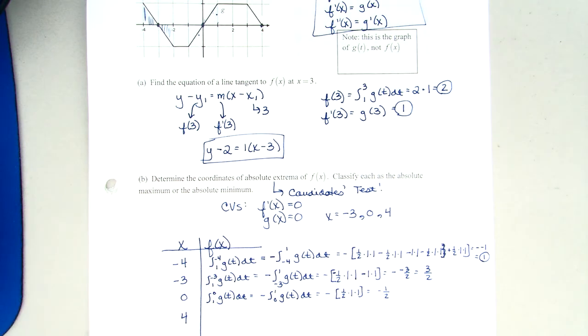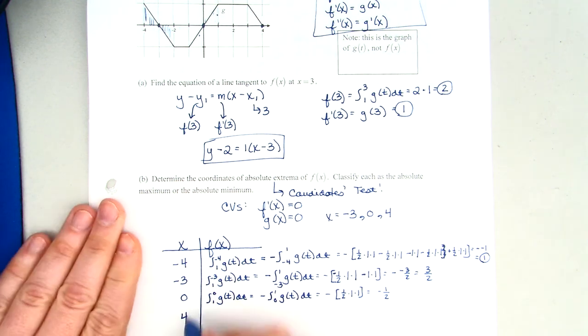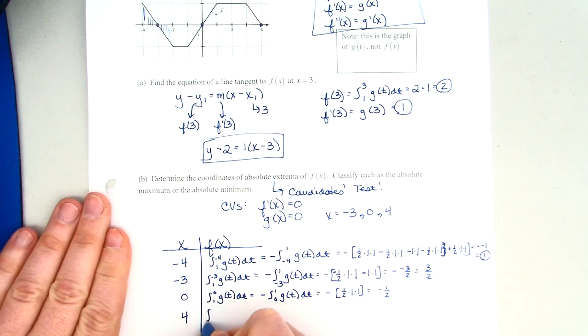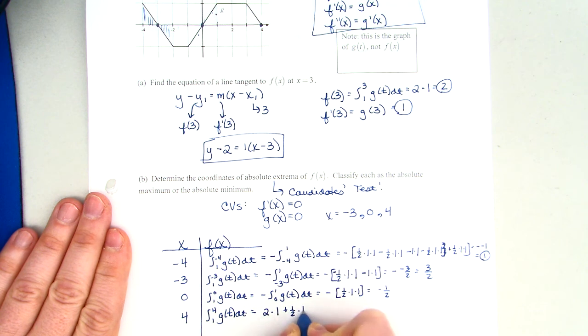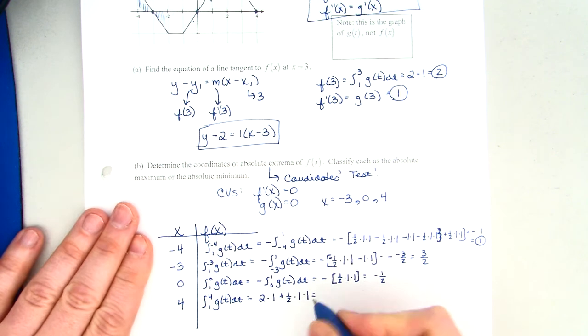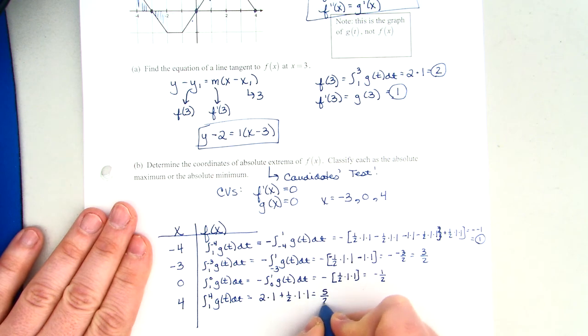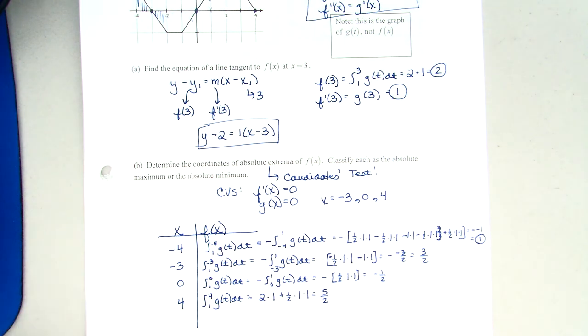Go find f of 4. Let's see, I've got a rectangle and a triangle. 2 plus 1/2, I'm thinking 5 halves for that. In this problem, I asked for coordinates.